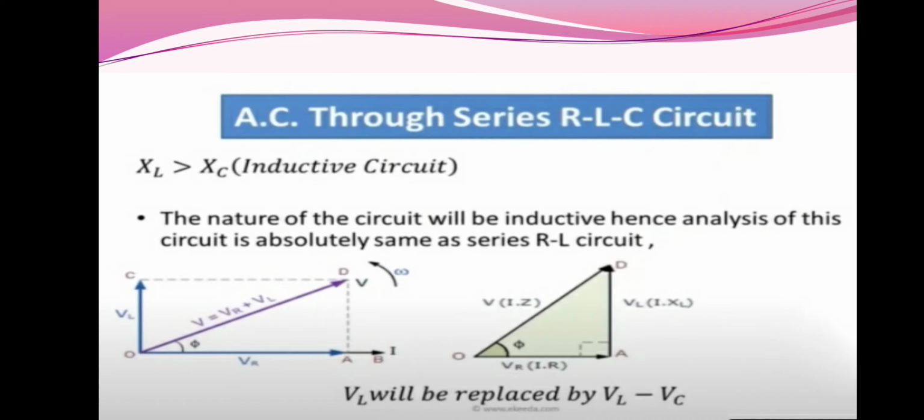So as VL is greater, we will get some magnitude in upper direction. So here we are taken VL. So finally that VL will be replaced by VL minus VC, means whatever the upper magnitude will be there, that is a combination of VL minus VC. So VR, VL minus VC and V. This is a voltage triangle or phasor diagram.